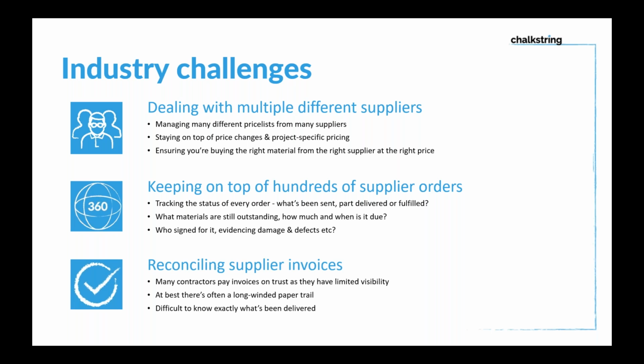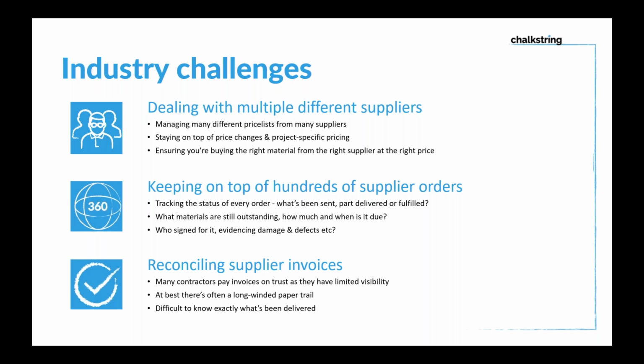So when you then come on to reconciling the supplier invoices, we do find that a lot of contractors we speak to honestly pay invoices based on trust because they haven't got the time or the visibility to be able to contest or even check the invoices. It's come from a big company like SIG. It has to be right, surely. And that's the basis on which a lot of invoices seem to get paid.